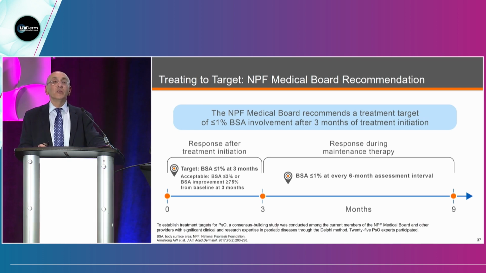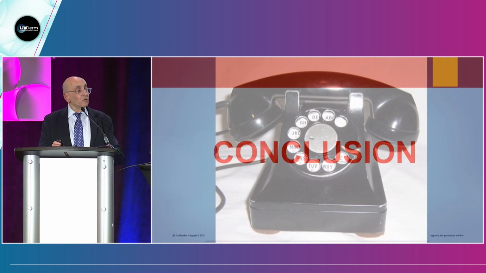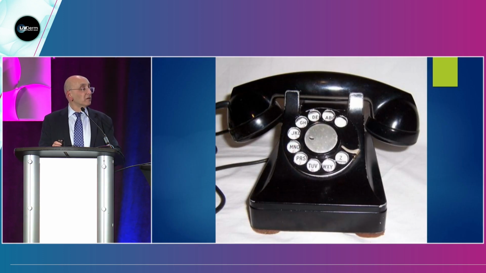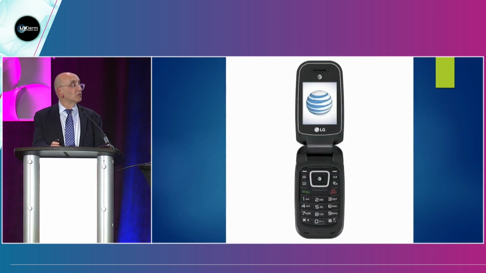So how are we treating those patients? As I mentioned, actually the MPF wants us to go all the way down to 1% body surface area, right? And if you don't get to 1% body surface area, change to another medicine. We have so much available. So in conclusion, either we can practice medicine like my grandmother's telephone, and that's like methotrexate, cyclosporin.